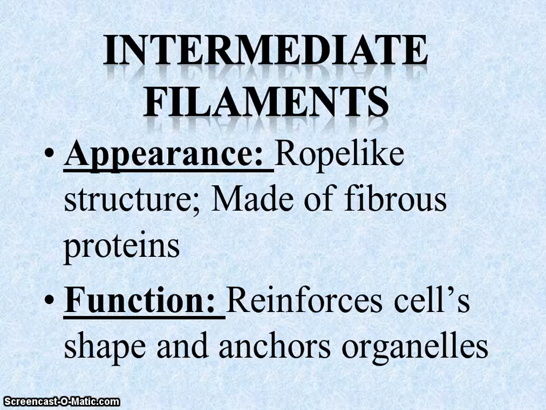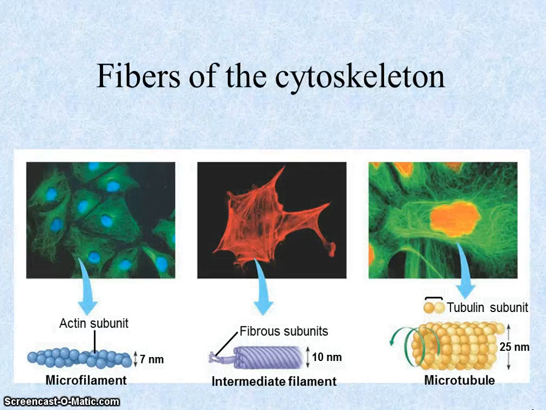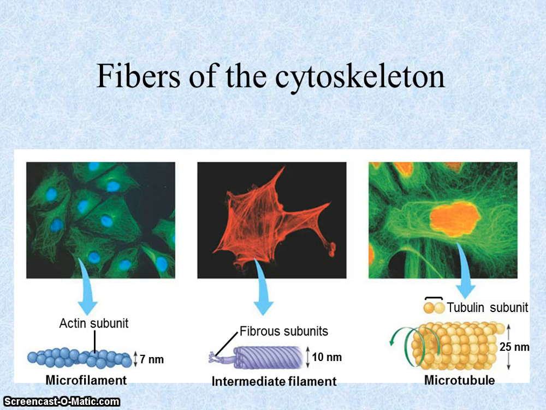That is going to help to reinforce the cell shape and to hold the organelles in place. So you can see here we have the microfilament, which is very thin and thread-like, the microtubules, which are a little bit more hollow, and the intermediate filament is more rope-like.